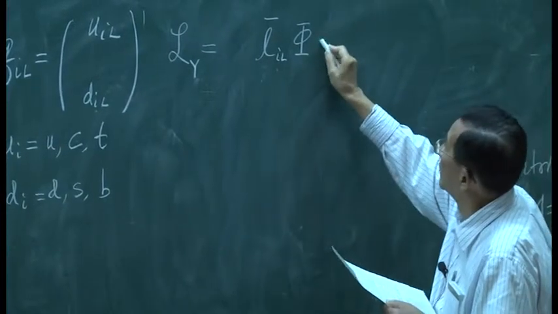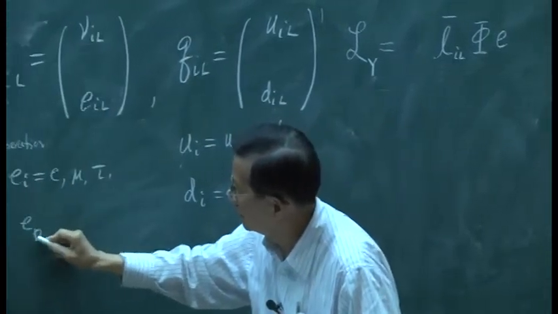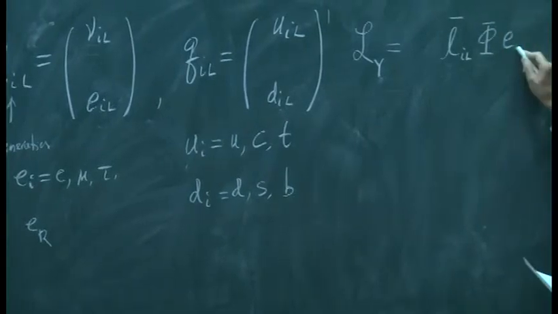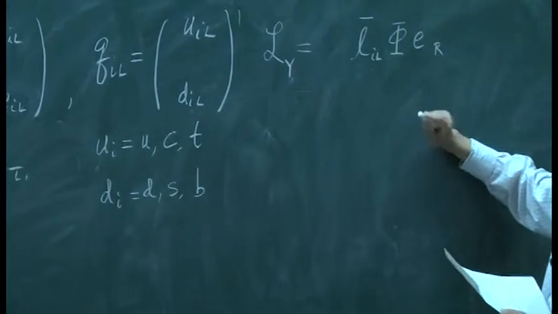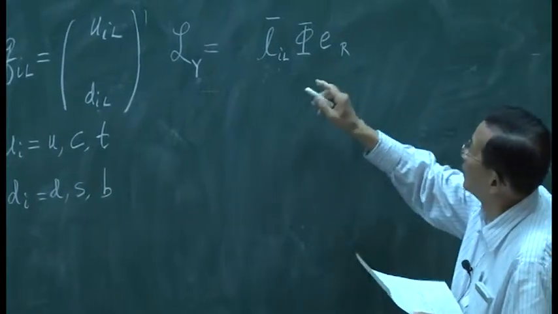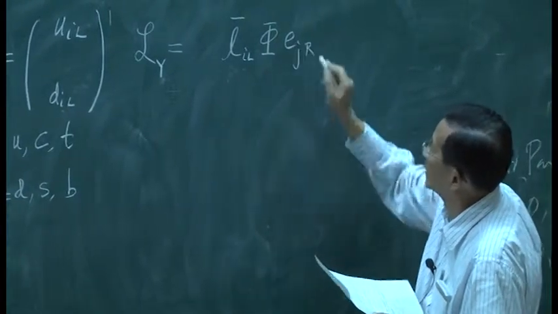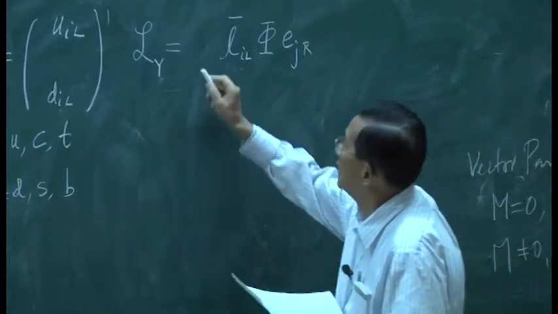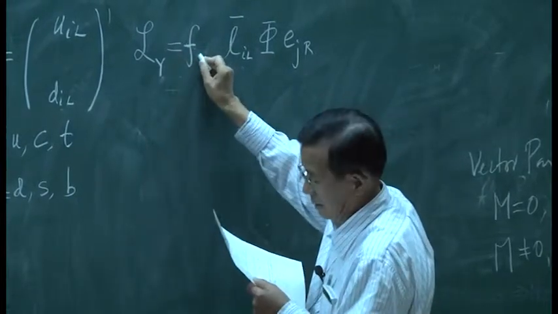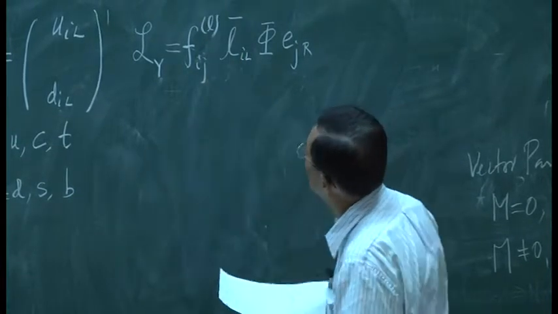Then we have the right-handed leptons, and this can be any of the three generations. It doesn't have to be the same generation, so it could be a J here. So I have a coupling constant called F_IJ, and this refers to leptons.